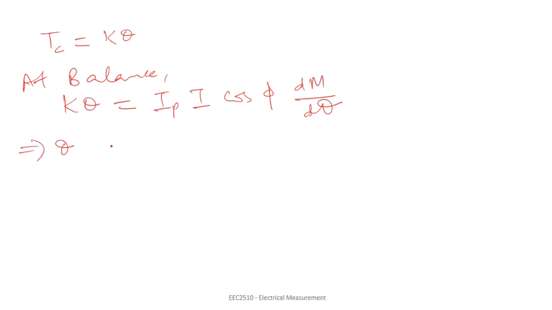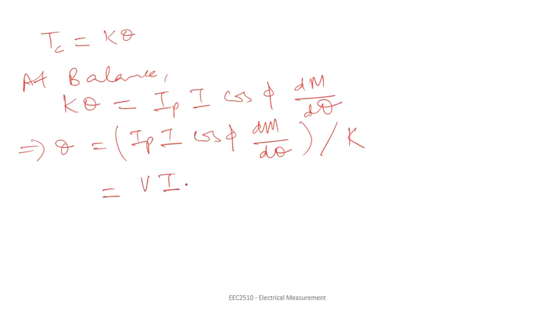So deflection theta can be written as Ip I cos phi dM over d theta, divided by k. We can write it as Vi cos phi divided by Rp k, dM over d theta.